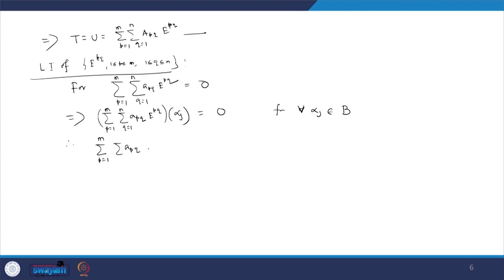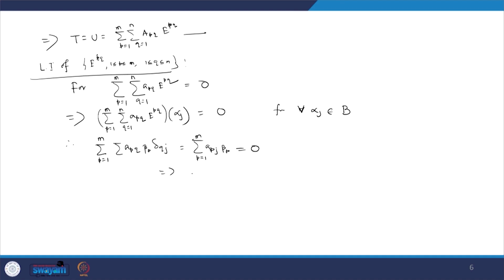We know this is equal to beta p into delta qj. So, this is equal to the sum over p equal to 1 to m of a_pj beta p, and this is equal to 0.